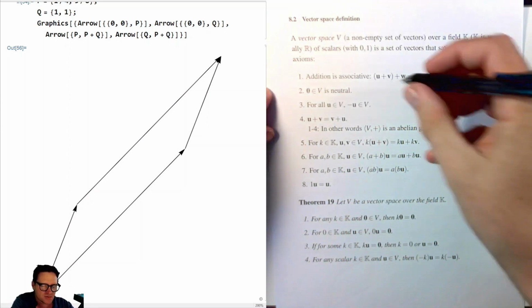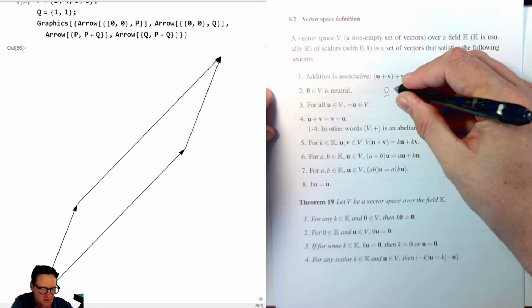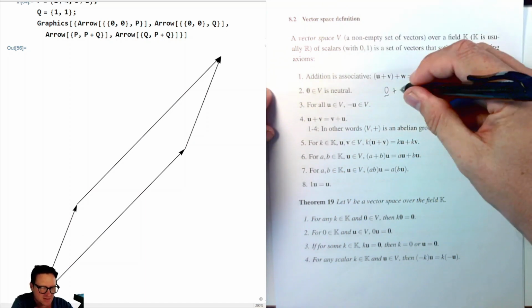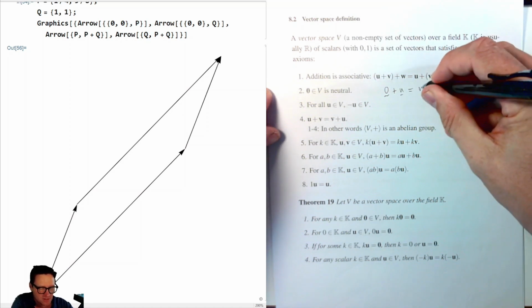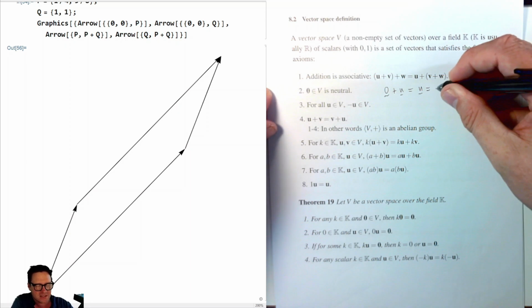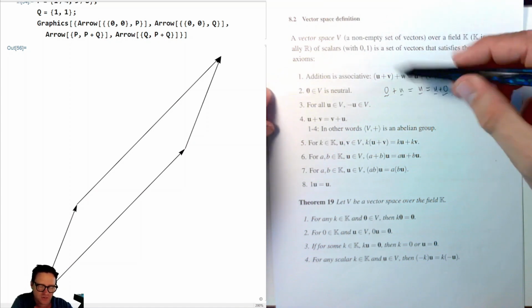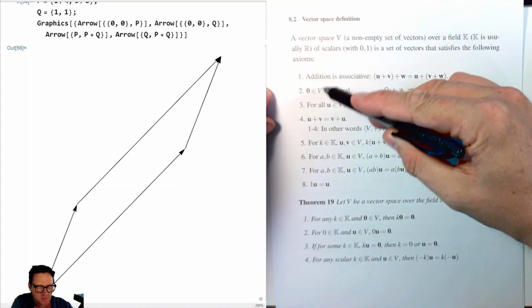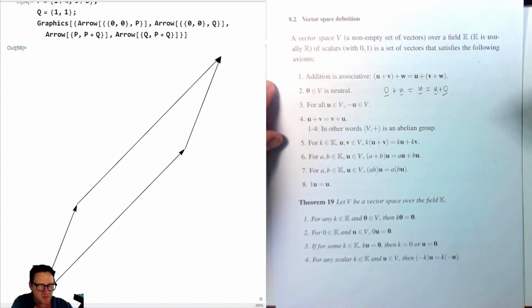So 0 is neutral. Now what this means is that the 0 vector plus any vector, say u in V, is equal to u, and it's the same as u plus the 0 vector. All right, so this happens for all vectors u in the vector space uppercase V. So the 0 vector is special in that way.